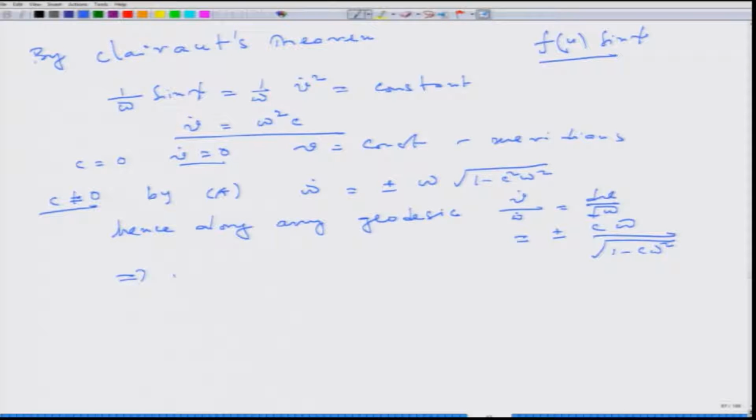If you solve it, you get v minus v naught equal to plus minus 1 by c times square root of 1 minus c square w square, that is (v minus v naught) square plus w square equal to 1 by c square.